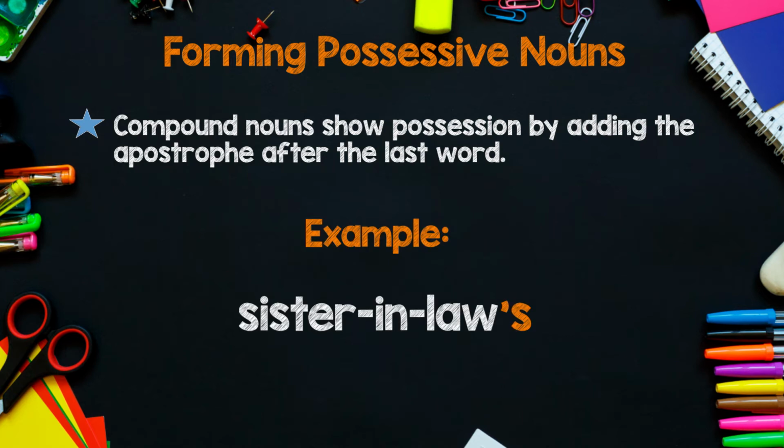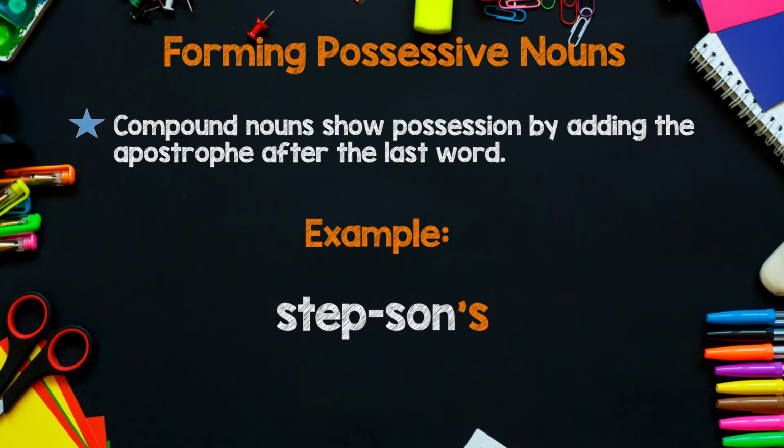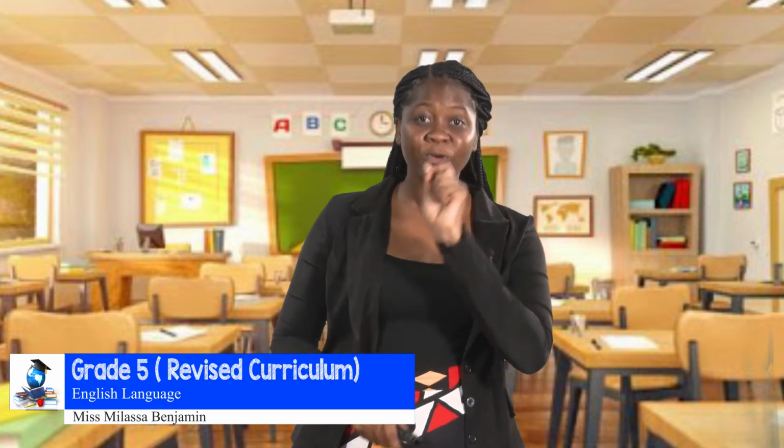So sister-in-laws in its possessive form would be spelled SISTER-IN-LAW apostrophe S. Or stepsons would be spelled STEPSON apostrophe S. Now, as the local term says, the proof of the pudding is in the eating.